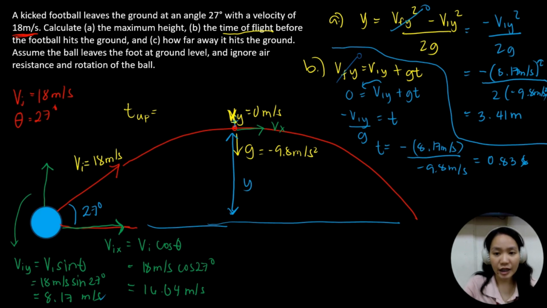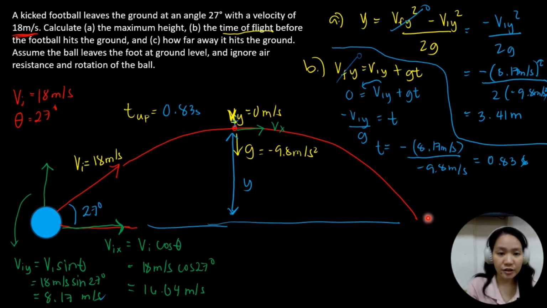However, the time we've calculated is just the time going up, because the values we utilized are from the initial position of the object to the apex, and not until it hits the ground. So in order to get the total time, we have to assume that this trajectory is symmetrical.